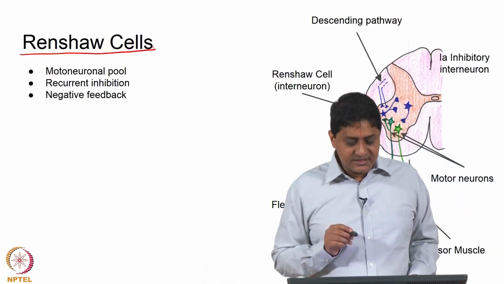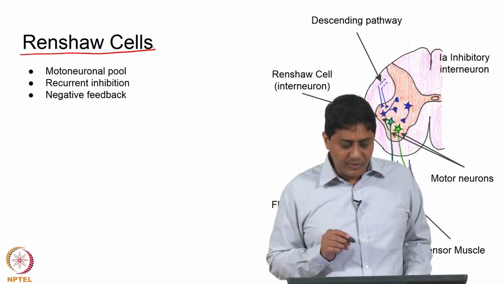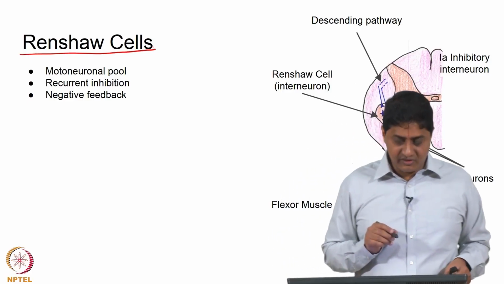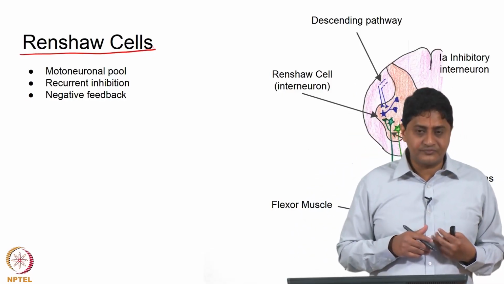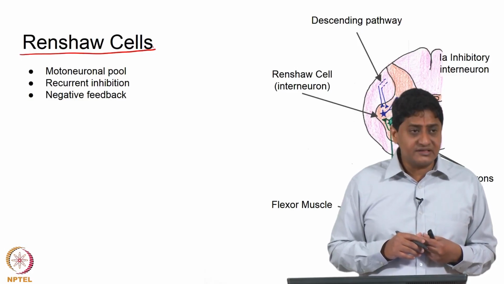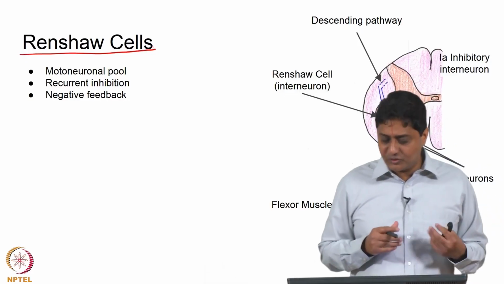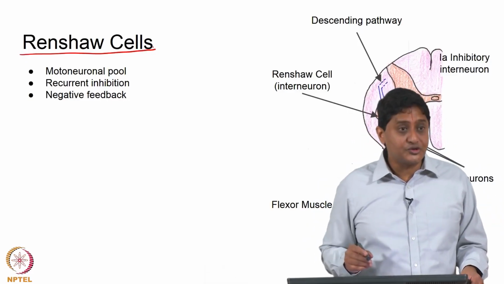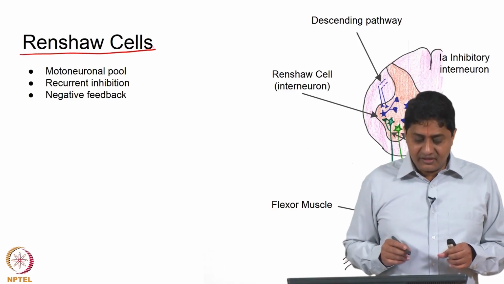So, Renshaw cells are present in the motor neuronal pool. Where is this present? To remind ourselves, how are these arriving to the muscles? From the ventral roots, is it not? From the ventral root of the spinal cord. So these are motor neurons. Whenever a motor neuron is activated, this Renshaw cell is also activated.